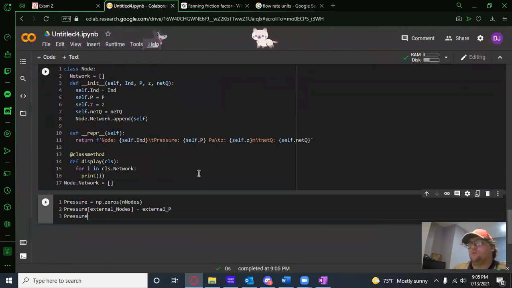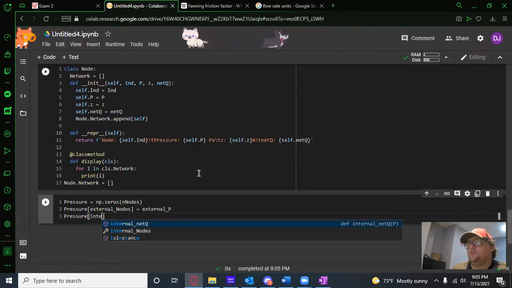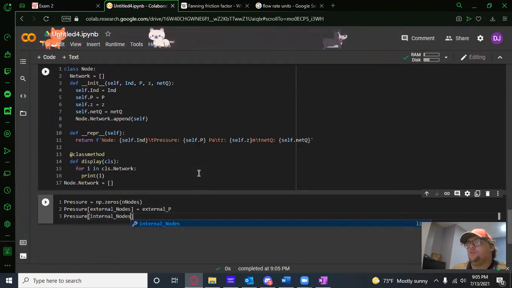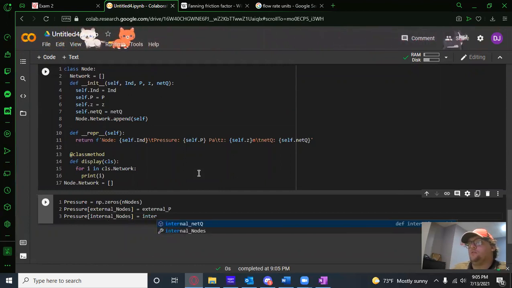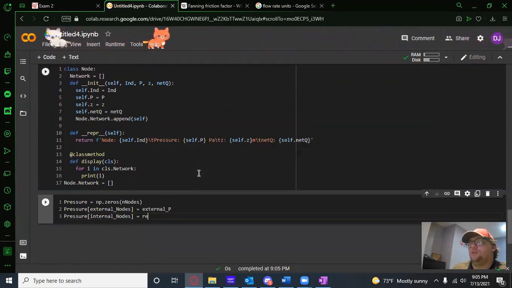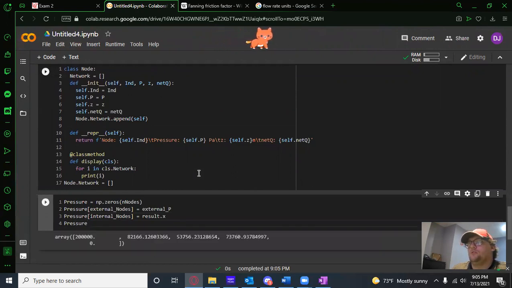The pressure for the internal nodes is going to be equal to internal result.x. Let's make sure it works.